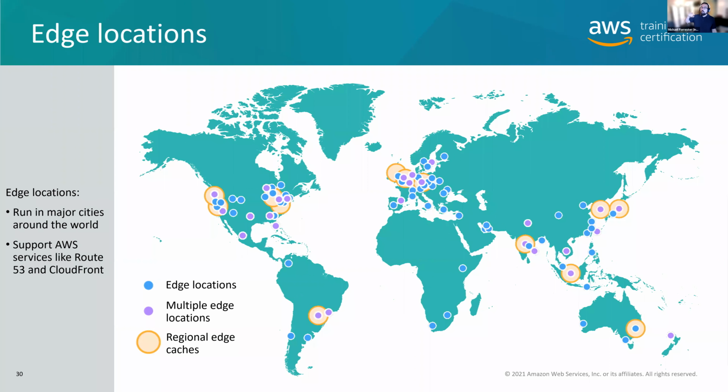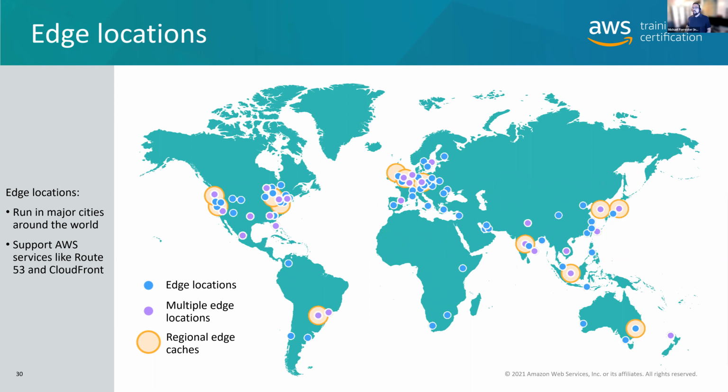So instead of going all the way back to Amazon's US East data center, US East 1, I would go to the Atlanta server, the caching server that's here, talk to that server, and that server would proxy on my behalf using Amazon's high-speed backbone, not over the internet. It's pretty cool the way they do that.